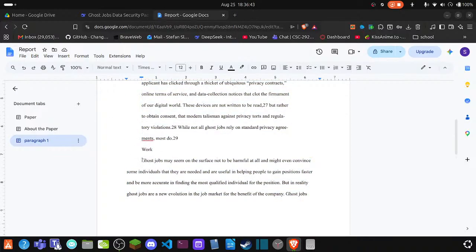So ghost jobs may seem on the surface not to be harmful at all, and might even convince some individuals that they are useful.